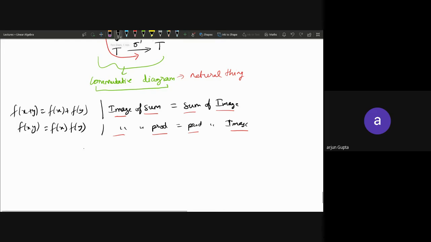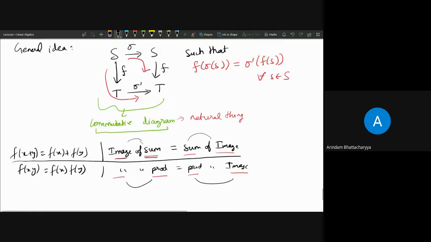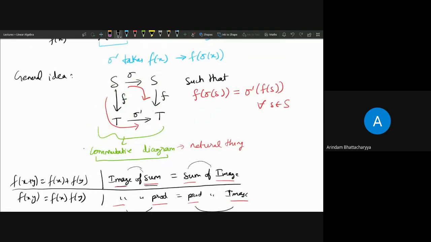I still didn't get why additive and multiplicative functions relate to the commutative diagram. Right. So you have two operations, taking the image and taking the sum, and these two commute. And here, the image and the product commute. Whenever that happens, you can write that in a commutative diagram. What did we have here? We have operation sigma, operation f, and it commutes with f and sigma dash.